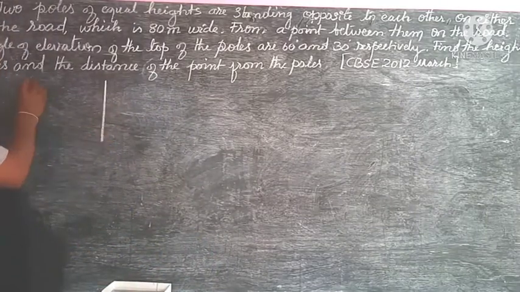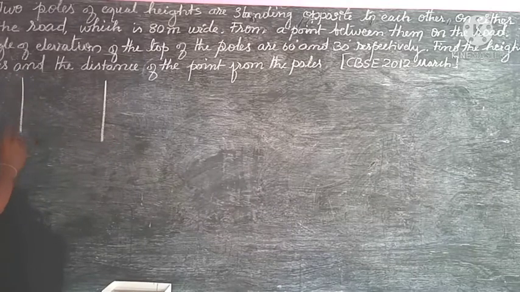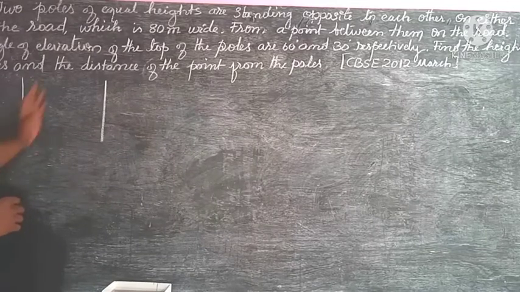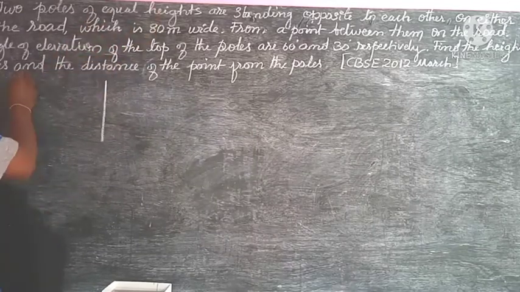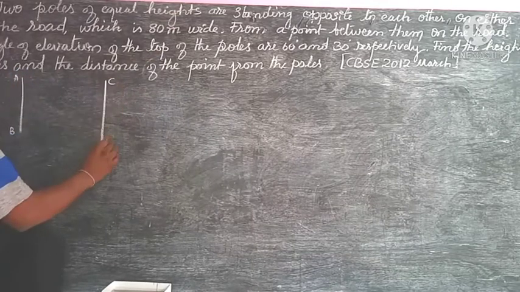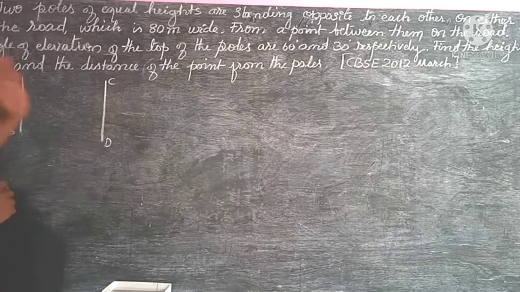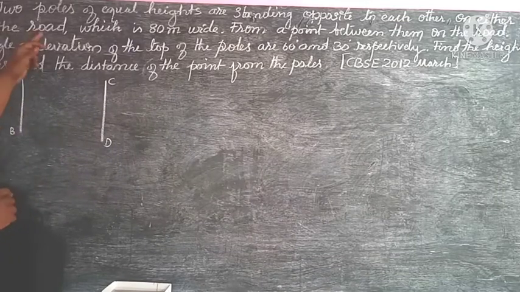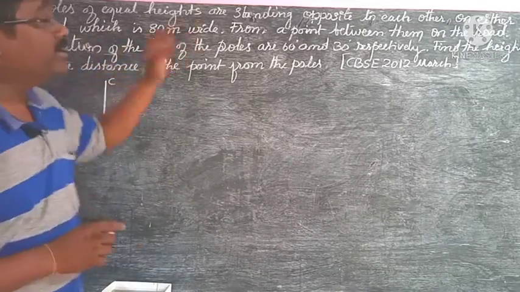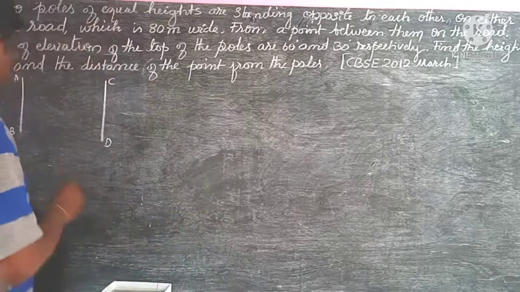So these two are the poles. The condition is that these two poles are standing opposite to each other and have equal heights. We consider AB and CD as the two poles. They are standing opposite to each other on either side of a road which is 80 meters wide.